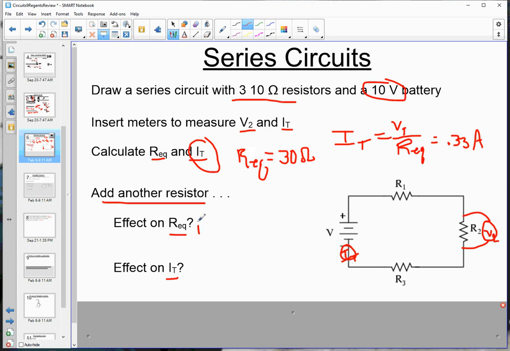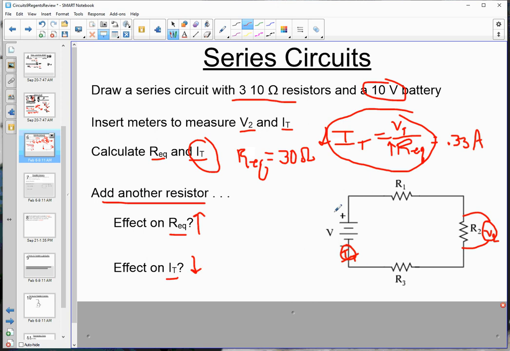So if you add another resistor, of course, the equivalent resistance is going to go up. And then the effect on total current, if we look up here, I total is V total over REQ. So assuming you don't change the battery potential difference or voltage, and the REQ goes up, the way math works, since these are inverses, the total current would go down.